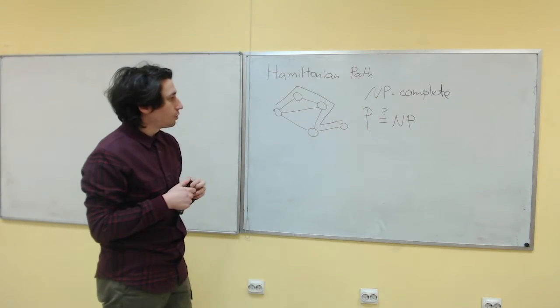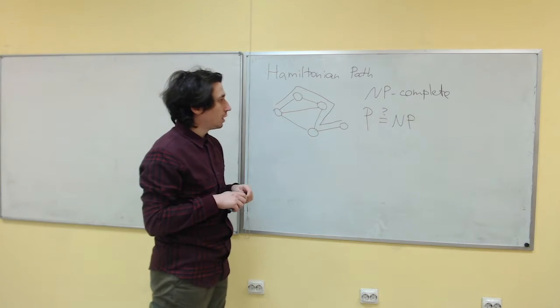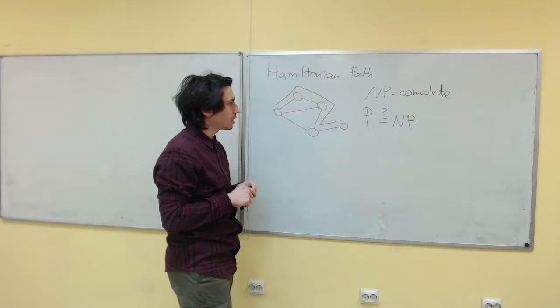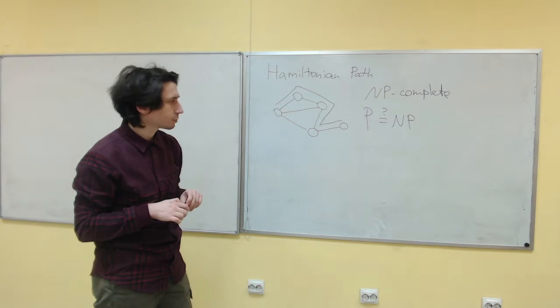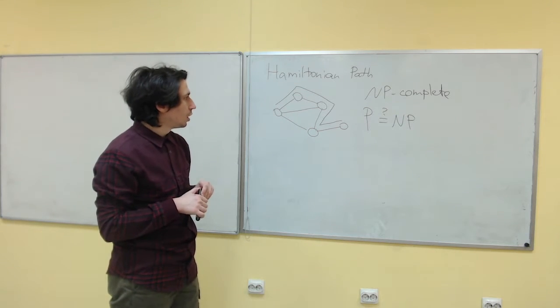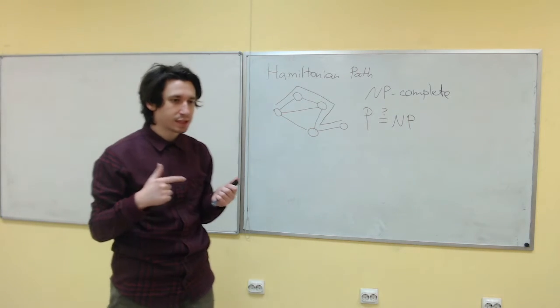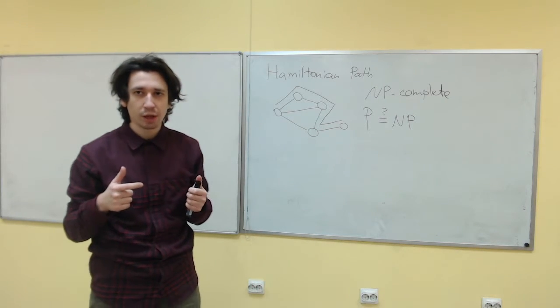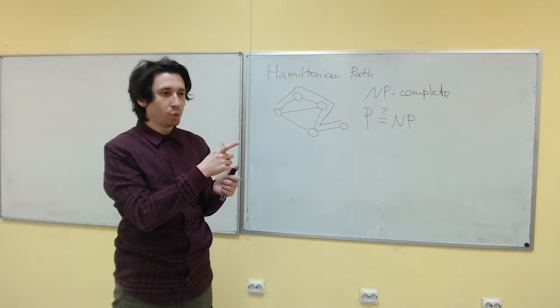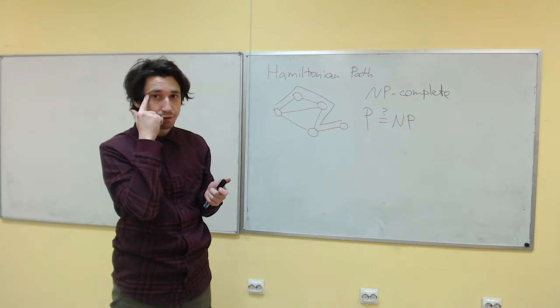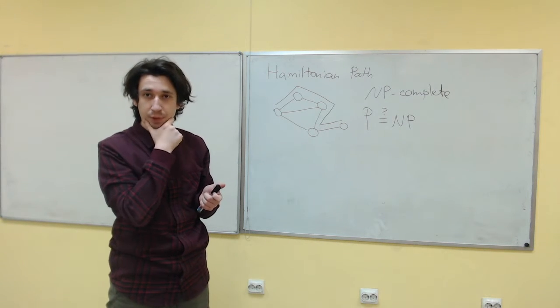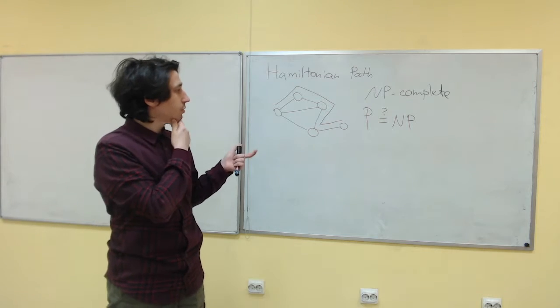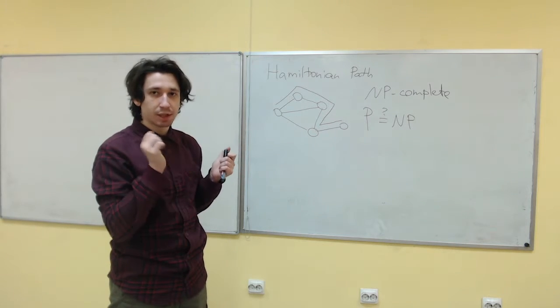Okay, so how to solve this problem using an exponential amount of time? Let us remember what we had last time. We had the dynamic programming on masks. We calculated the weight of all the subsets. So consider that we try to have some subset of vertices.